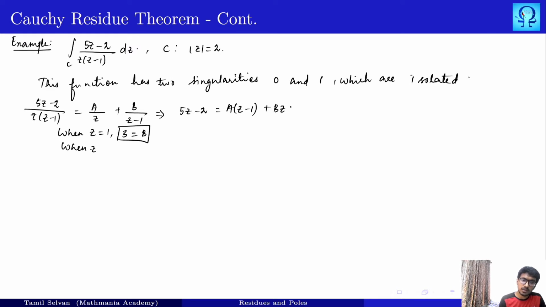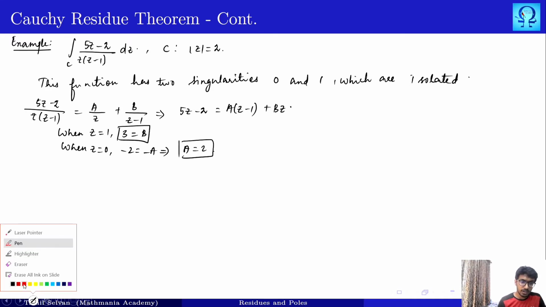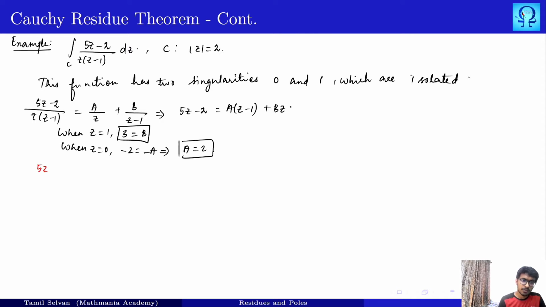When z equals 0, we get minus 2 equals minus a, which means a equals 2. Therefore the function (5z minus 2) upon z times (z minus 1) may be written as 2 upon z plus 3 upon (z minus 1).